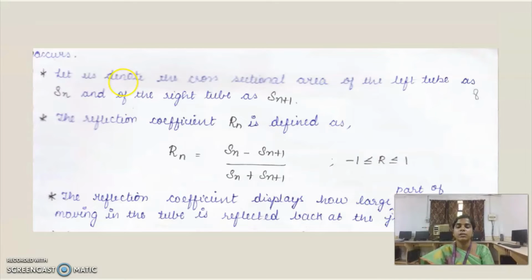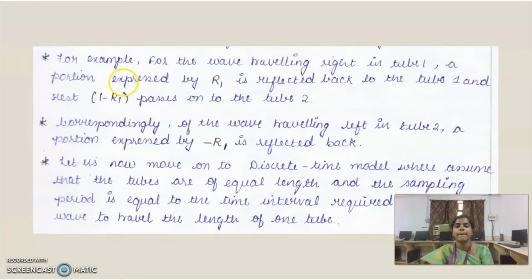Here is a quick formula for finding the reflection coefficient of the uniform tube model. The reflection coefficient is a function of the cross-sectional area at the nth position and at the n+1th position, and it will lie between -1 and +1.